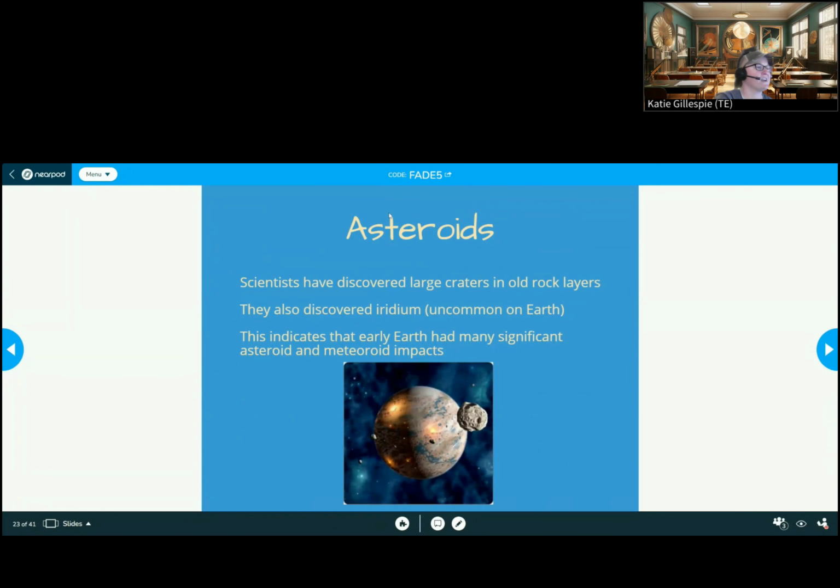First, we haven't gotten to space yet, but I do need to communicate asteroids, what an asteroid is, a very large space rock. Many scientists believe that in early Earth, meteorites actually brought water here to our planet. So that's actually very common.